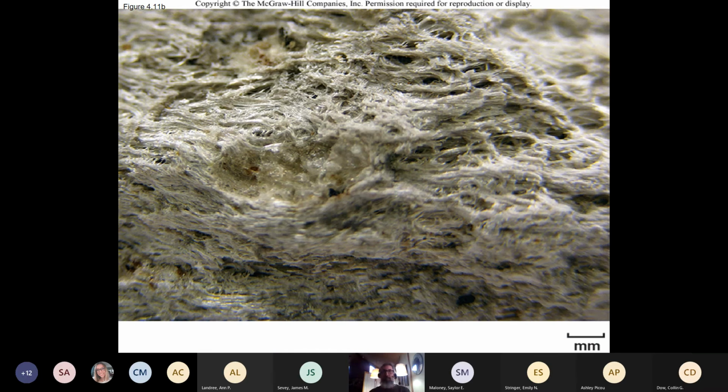Now, some magmas, some lavas, are thick enough that the gas pressure can whip it up into a froth, so that there are actually more air bubbles in that lava than there is actual lava. When this dries, this is an extreme version of vesicular that would be called pumiceous.